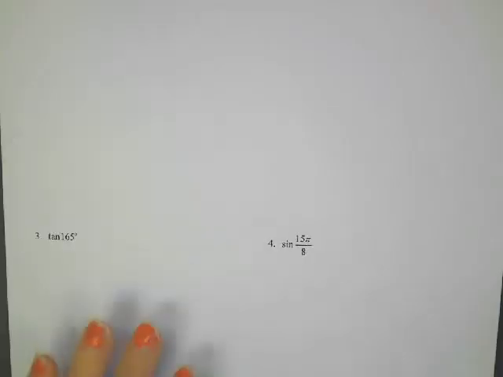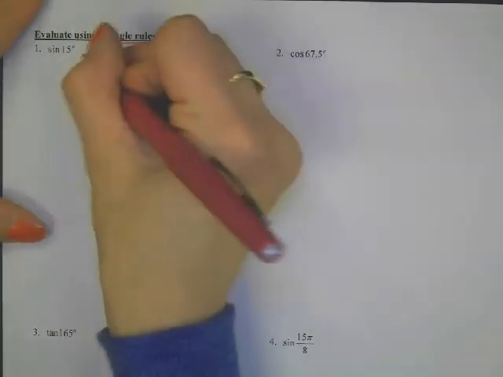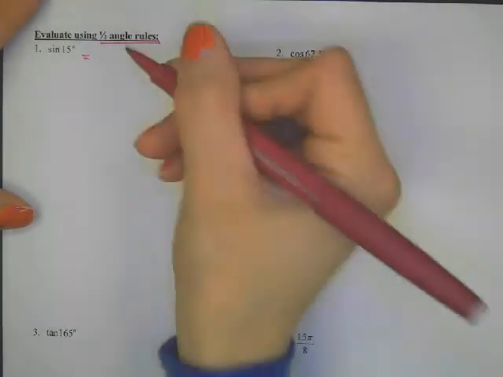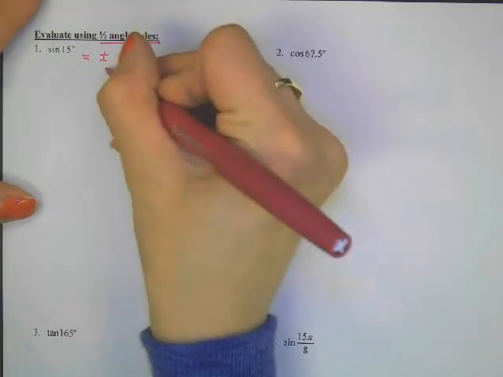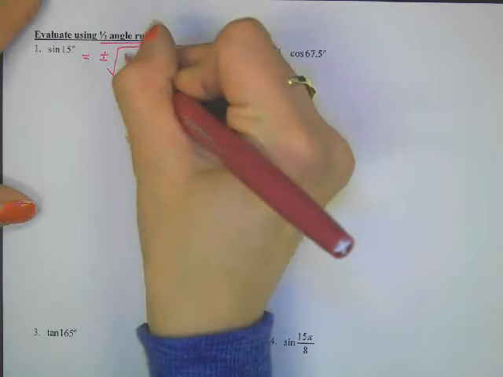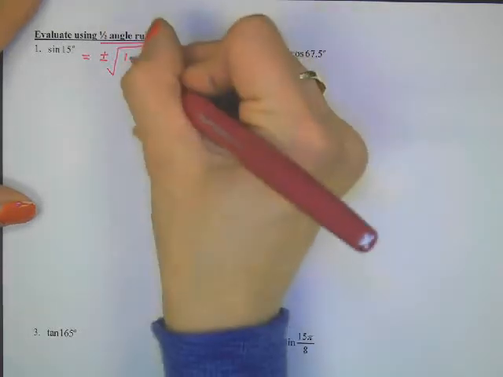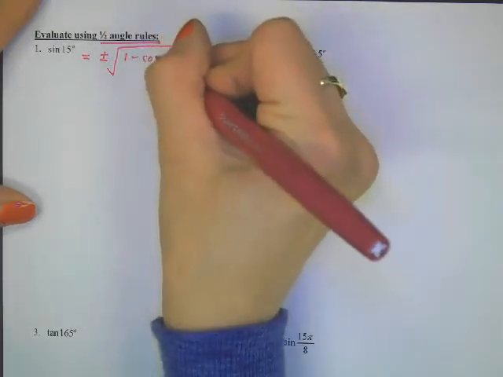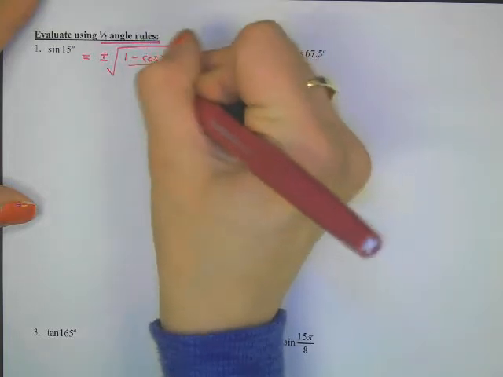Okay, let's do some calculations now that we kind of see where these things are all coming from. So the first problem is sine of 15 degrees. And I know that we studied this already doing sum and difference, but now we're doing half angle rules. Okay, and the rule says plus or minus the square root of 1 minus cosine of x over 2.